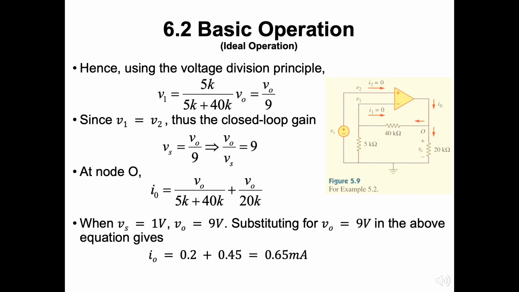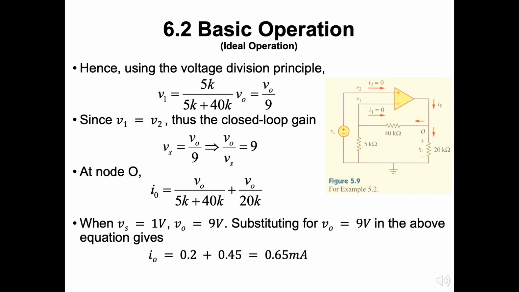5,000 ohms by 45,000 ohms times VO will be VO by 9. Then, as we know that V1 equals V2, Vs is equal to VO by 9, which gives the closed-loop gain. Also, the ratio between the two voltages will be equal to 9.